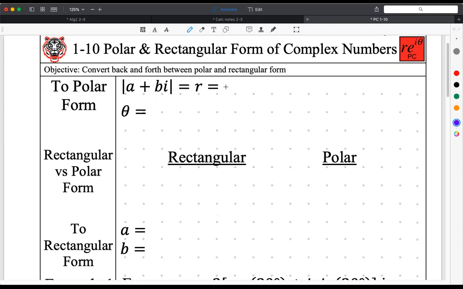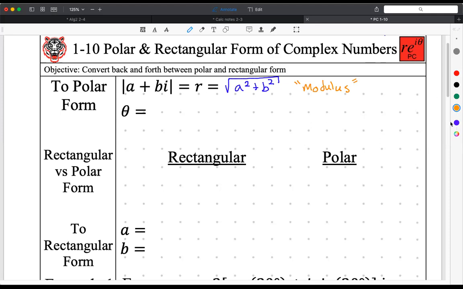Yeah, Beverly? The square root of a squared plus b squared. A squared plus b squared, that is, and square rooted, thank you. It's just another formula that you have to have in your back pocket. I'll write the word modulus on here too, a word that you have to have down in the future.